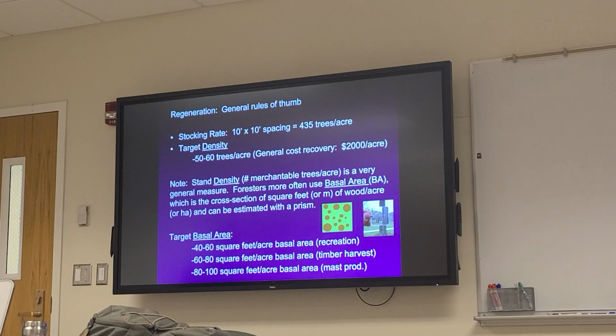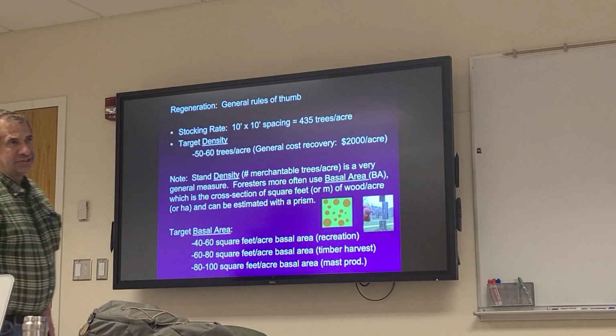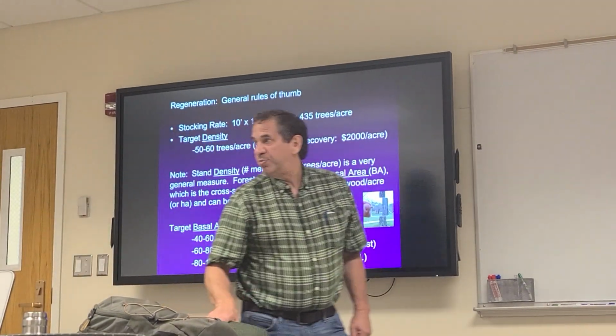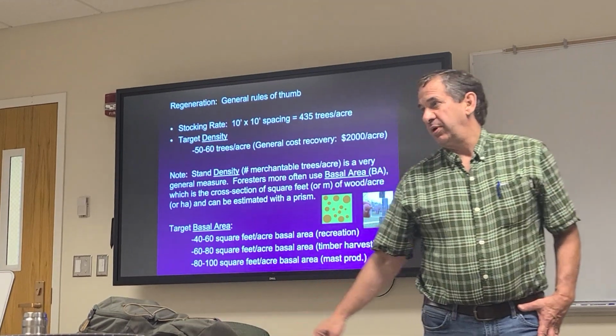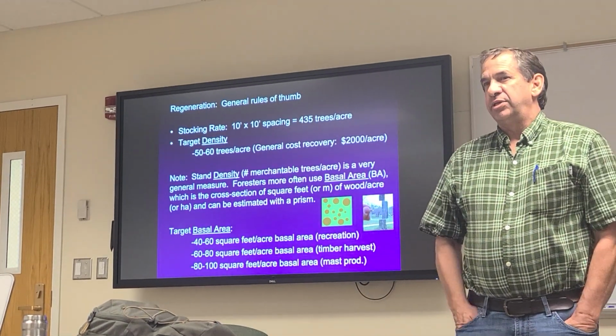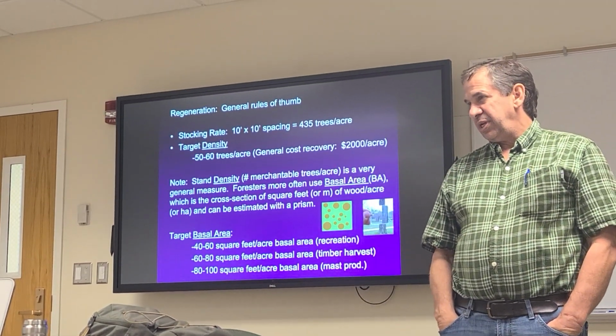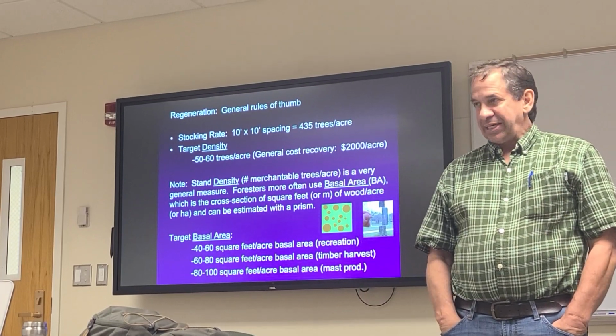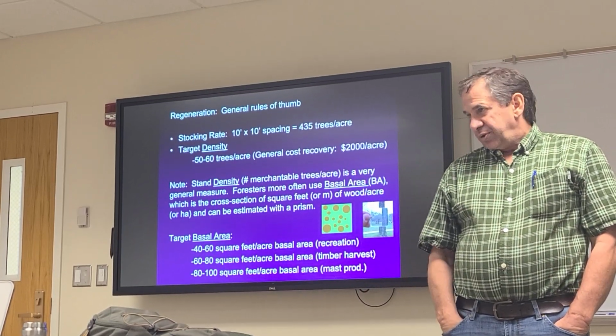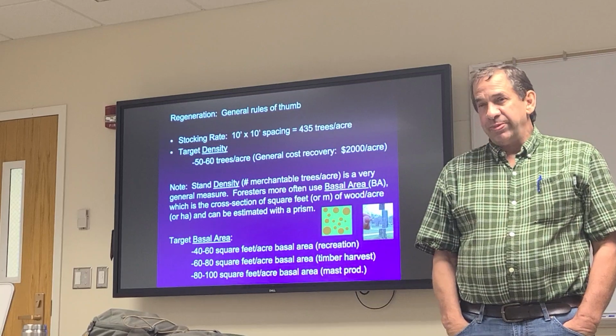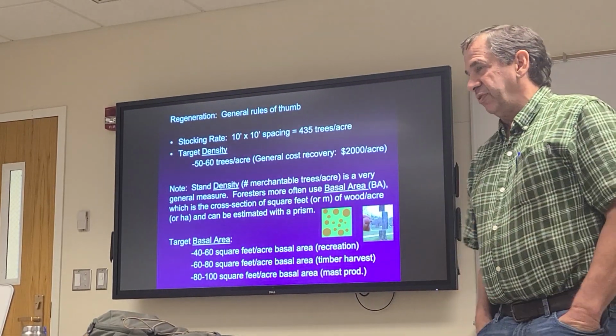It's about 2.47 or 2.49, just under 2.5 acres. So 2.5 acres are in a hectare. A hectare is close to 100 yards by 100 yards. It's 100 meters by 100 meters, roughly the size of a football field.